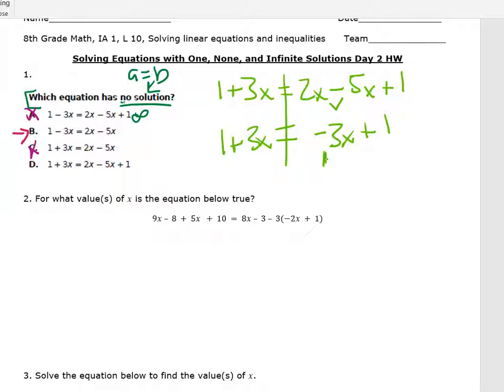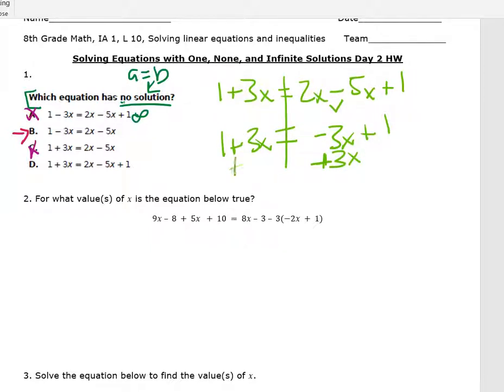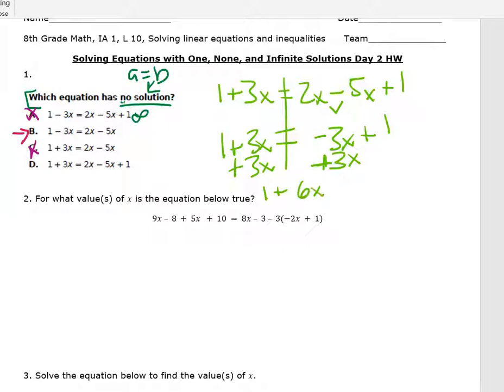If I add 3x to both sides, I'm left with 1 plus 6x equals 1. I subtract 1 from both sides, and I'm left with 6x equals 0. Divide both sides by 6. Okay, so I'm left with x is equal to 0.